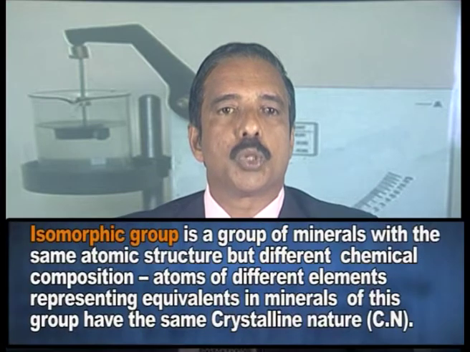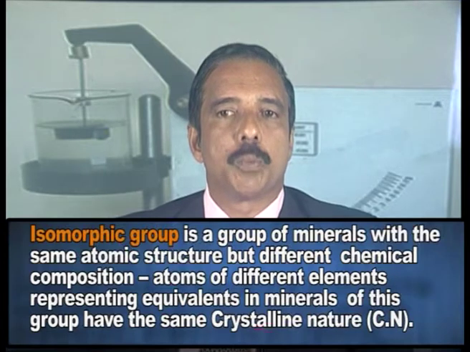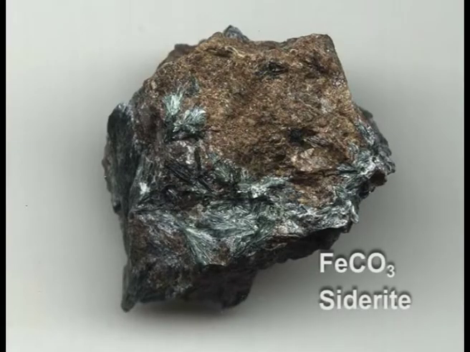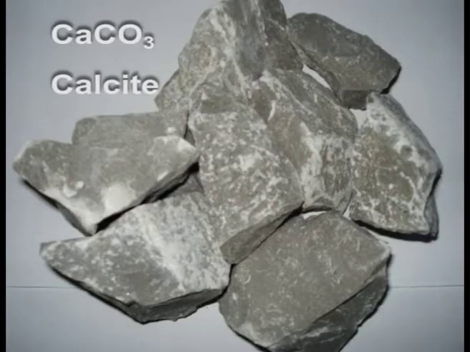An isomorphic group is a group of minerals with the same atomic structure but different chemical composition. Atoms of different elements representing equivalents in minerals of this group have the same crystalline nature. FeCO3, that is iron carbonate, the mineral is siderite, and calcium carbonate, the mineral is calcite.